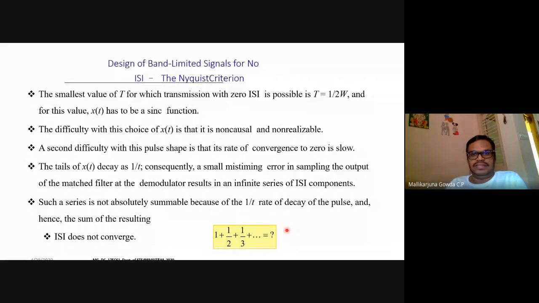As I said, these are the two difficulties with this pulse shape. One is that it is non-causal and non-realizable, and the second is that the rate of convergence to 0 is slow because it decays at a rate of 1 by t. So decaying at that rate will not converge.